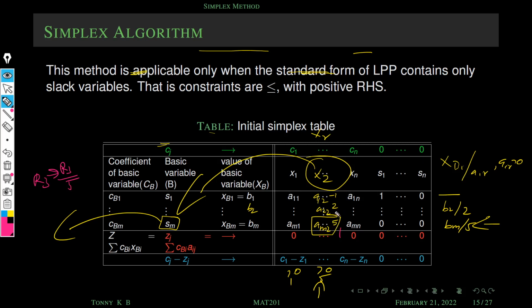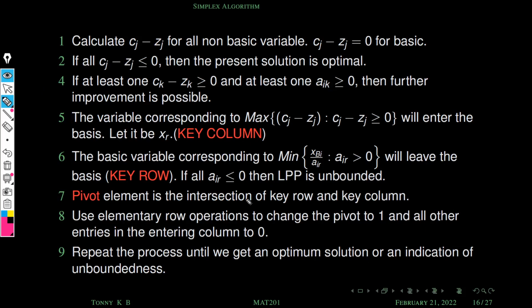Next we have to convert every other element in this column to 0 using this 1, using elementary row operations, like our row reduced echelon forms. Then repeat the process until we get an optimum solution or an indication of unboundedness. So this is an iterative process.